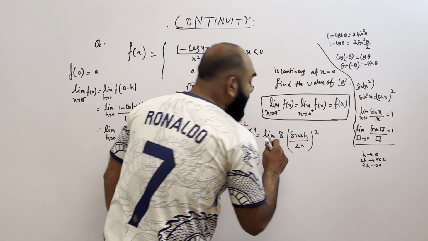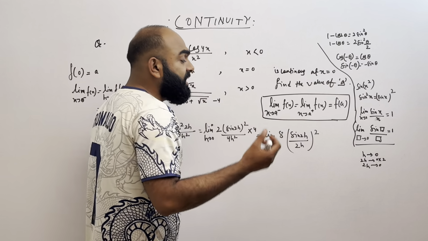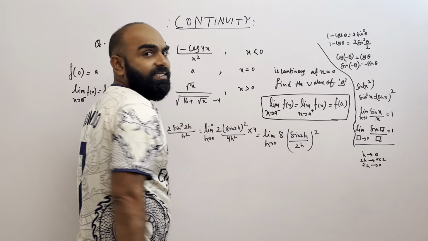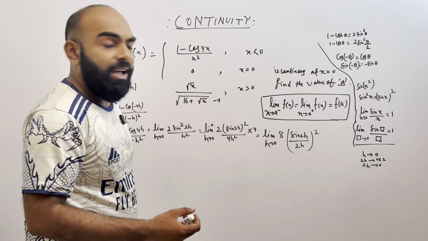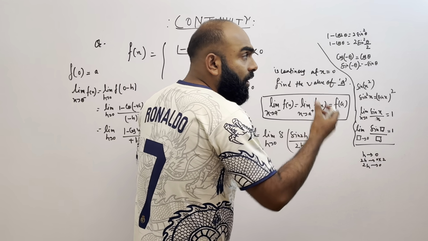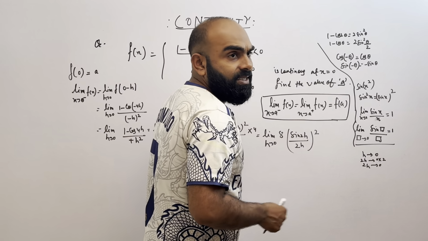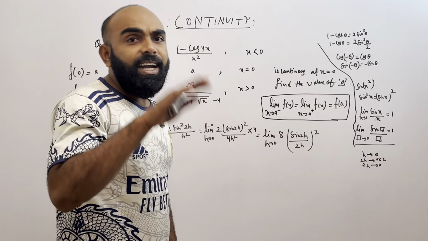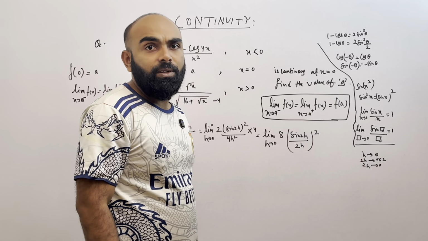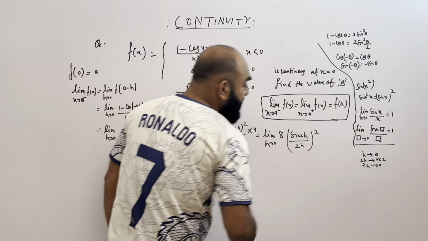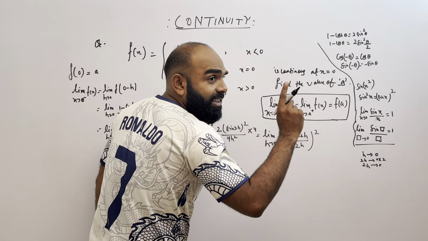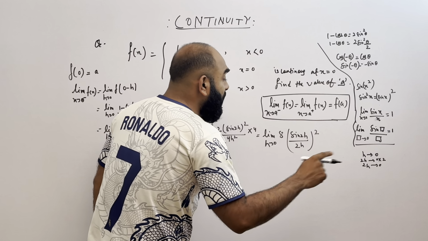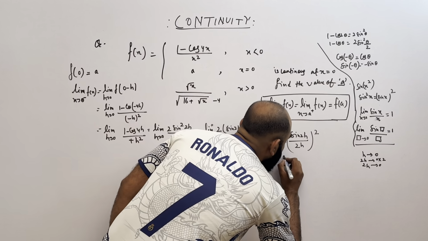This is a property of limit: I can shift the limit inside, in numerator and denominator also. So this value will be 1, and 1 square is 1 only. And 1 into 8 is equal to 8.